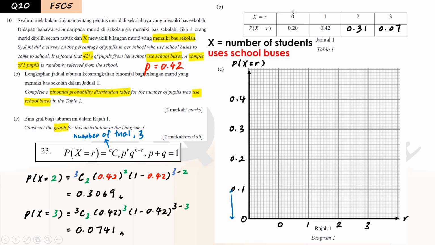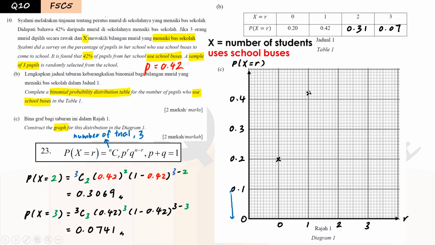For the first one, where r equals 0, the probability is 0.2, so it would be here. And when x equals 1, or r equals 1, the probability is 0.42, so it would be slightly higher than 0.4, somewhere here.